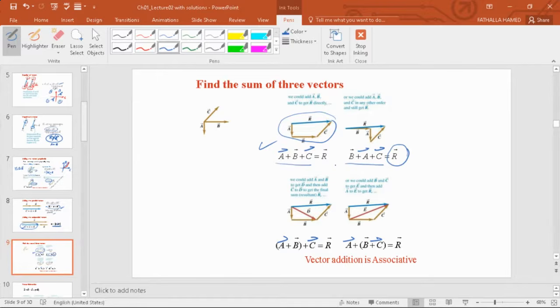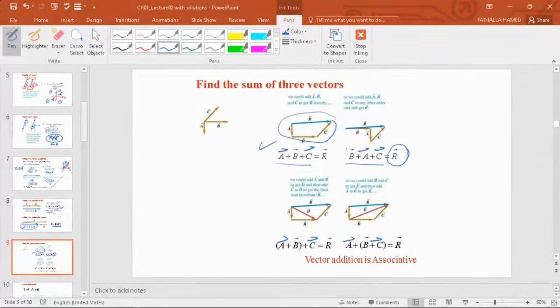But you have to be careful with which order you took. For example, if someone is grading you and you write B plus A plus C for the first one, they'll tell you this is wrong, even though the final answer is right. Yes, the final answer is right, but that's not the right way of writing this. So you have to be careful with that.